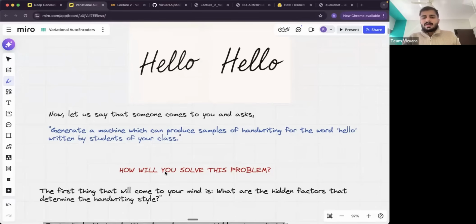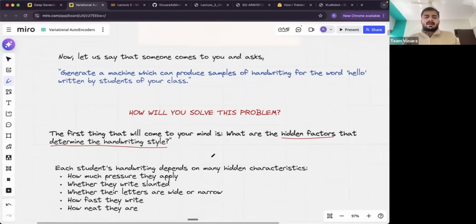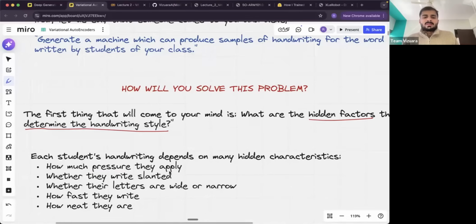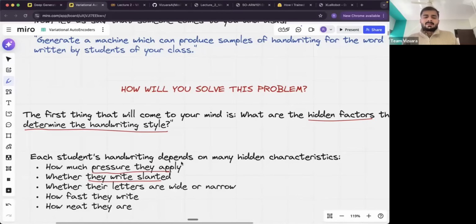The first thing coming to your mind is: what are the hidden factors which determine the handwriting style? There are many. Every handwriting depends on how much pressure the students apply, whether they write slanted, whether their letters are wide or narrow, how fast they are, etc. But if we capture these hidden characteristics, we can maybe produce realistic samples coming from this particular class.